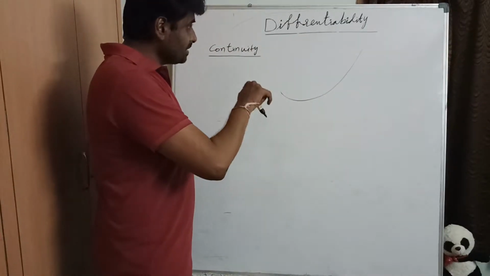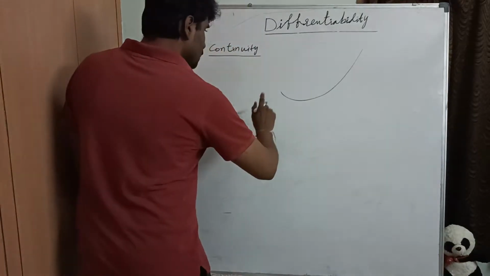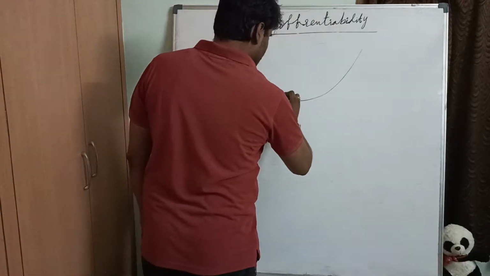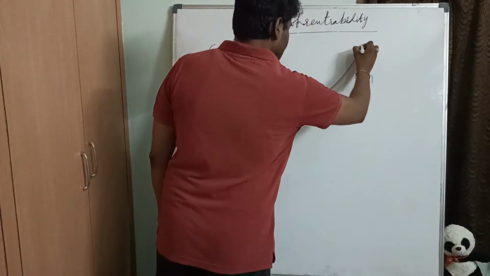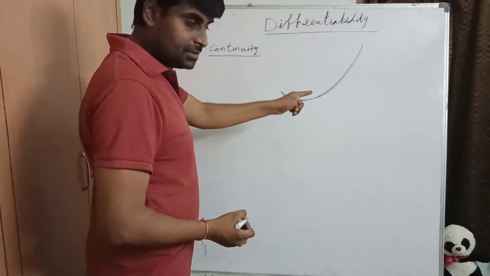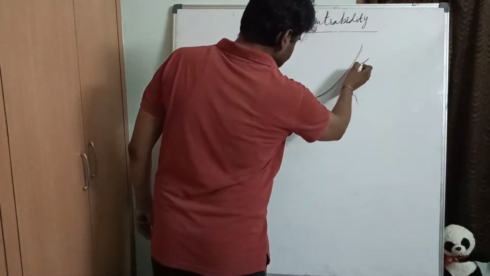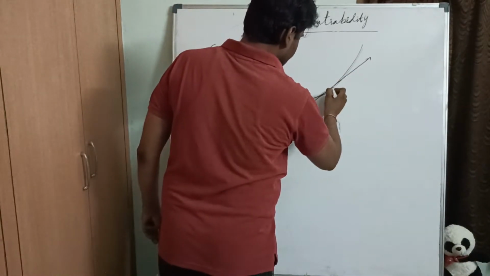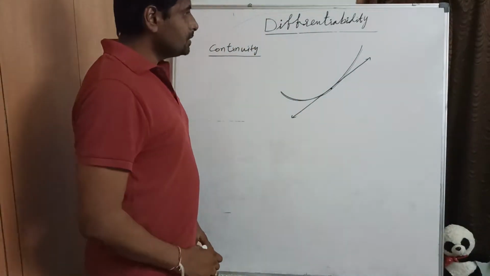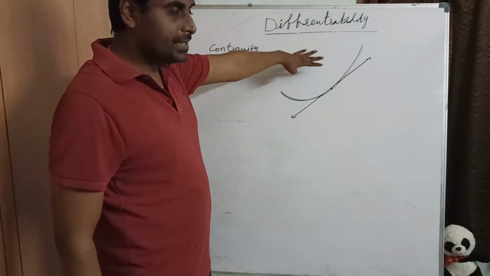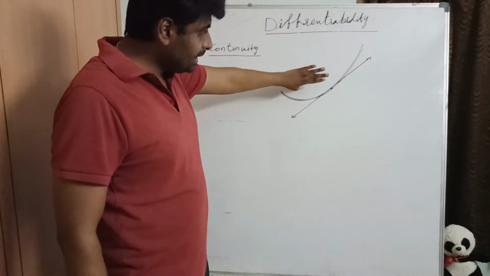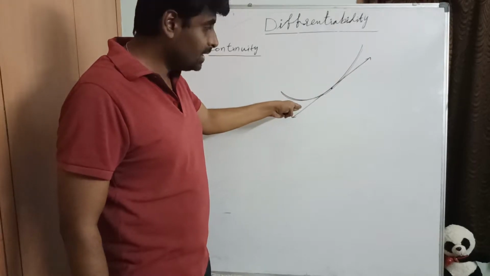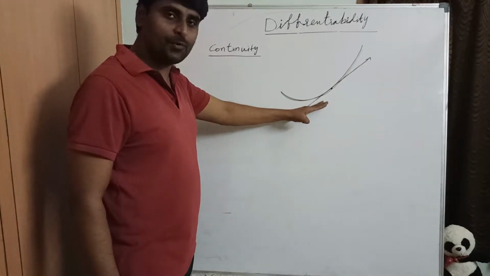Differentiability means, for example, if we take one curve, can you draw a tangent for this? Yes, we can draw a tangent. So this curve is said to be differentiable because it has a unique tangent and it has no corner points.